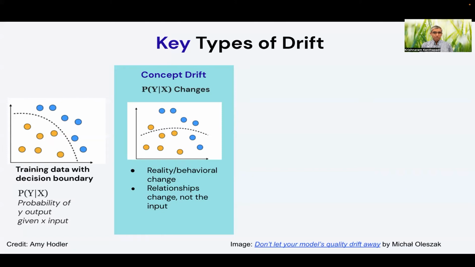In other words, the probability of y given x changes. This can occur due to changes in real world conditions, even if the input does not necessarily change. Like, for example, in this illustration, we can see that the distribution of inputs has remained the same. The points are where they were, and even most of the class labels are as before, but the relationship has changed.